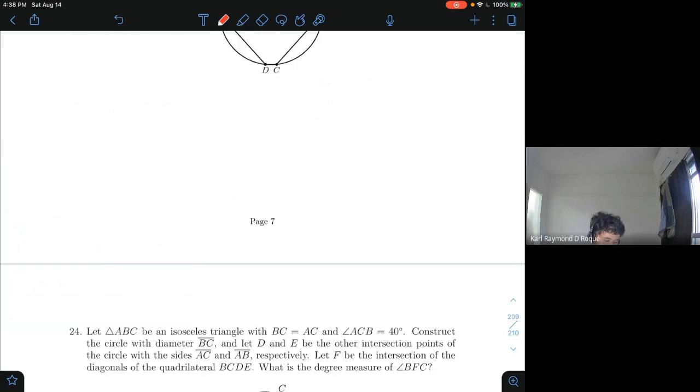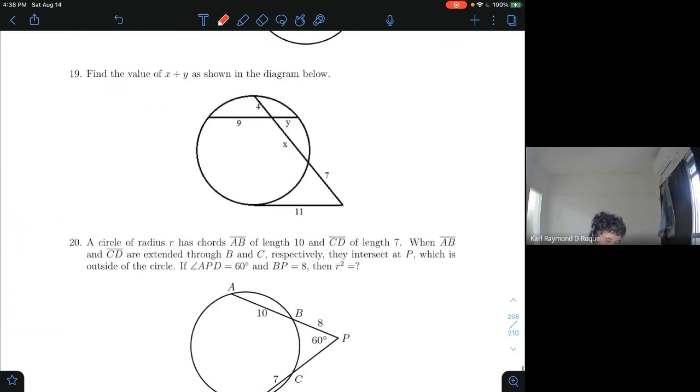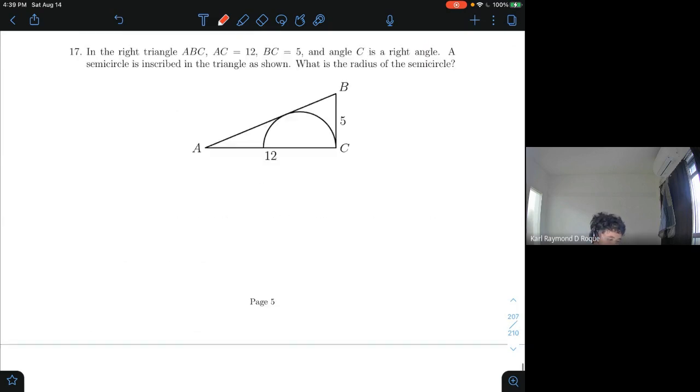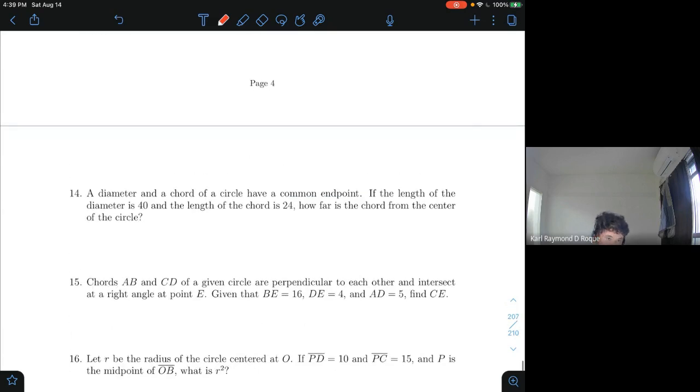Dami sana magandang item dito. Itong mga to. Let's do this. Okay. Diameter and chord of a circle with a common endpoint. Ito raw. The length of the diameter is 40.